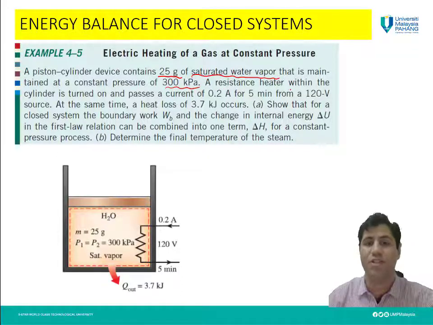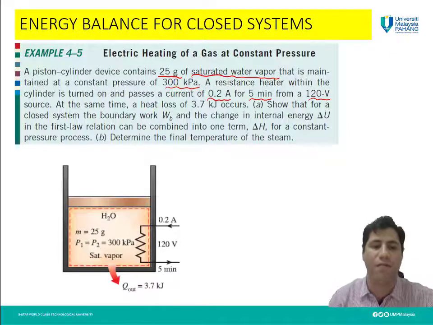A resistance heater within the cylinder is turned on and passes a current of 0.2 ampere for 5 minutes from a 120 volt source.